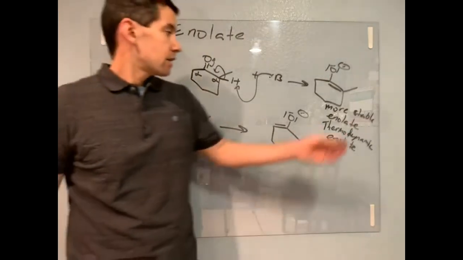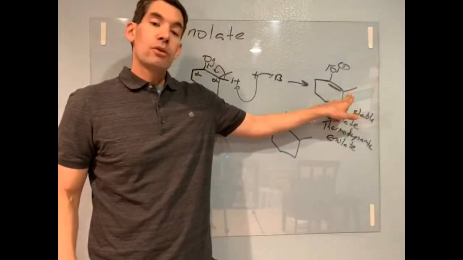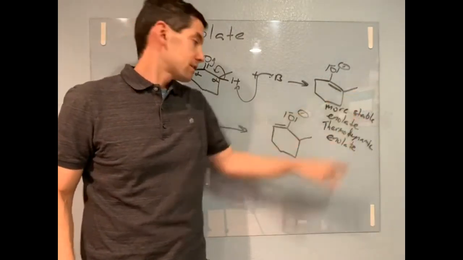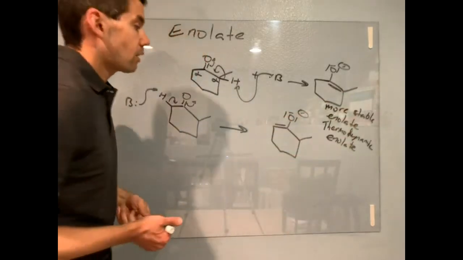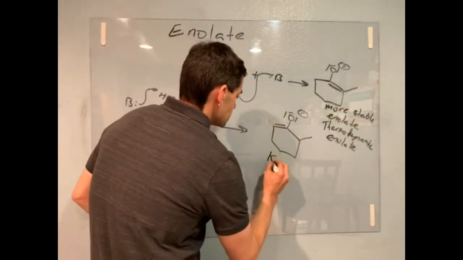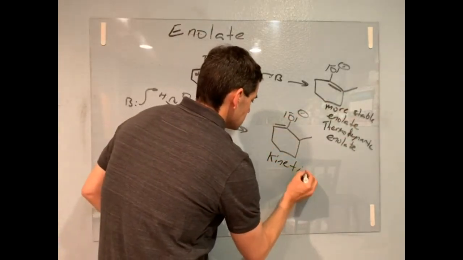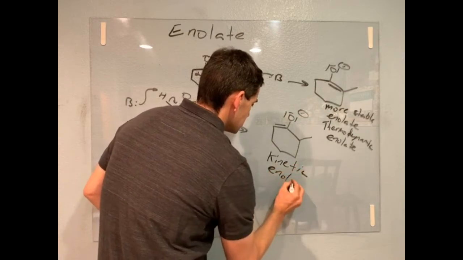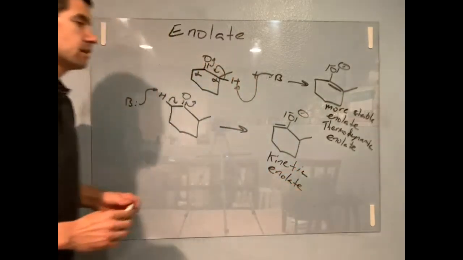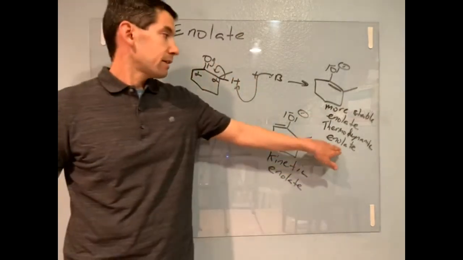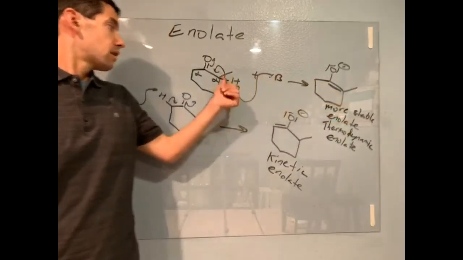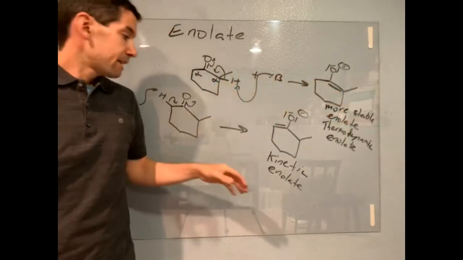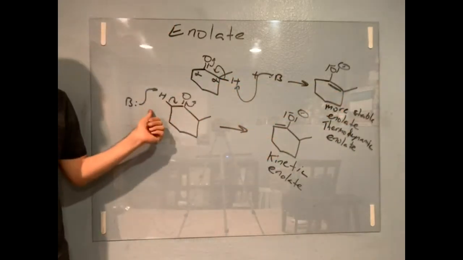Now, if this is going to be our more substituted, our more stable, or our thermodynamic enolate, this is going to be what then? This is going to be our kinetic enolate. Okay, so we have our thermodynamic enolate, which is formed on our more substituted side. Then we have a kinetic one on the least substituted side, right?